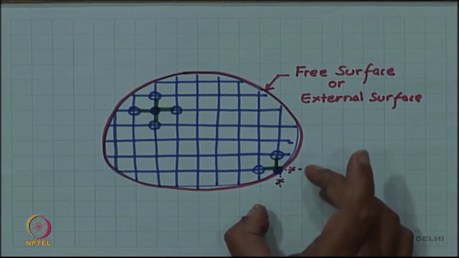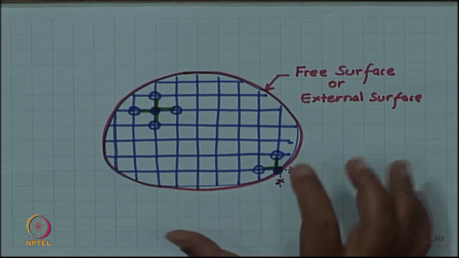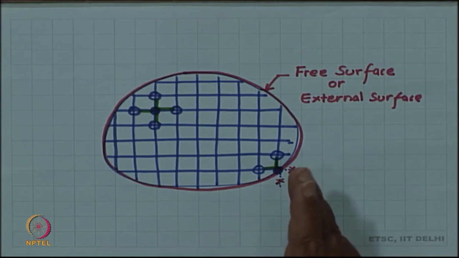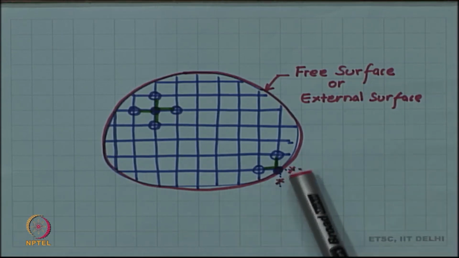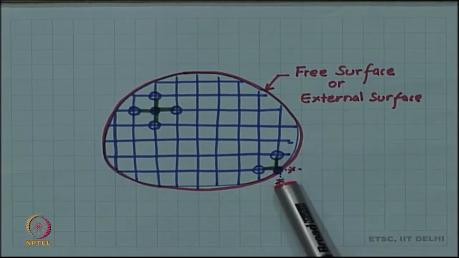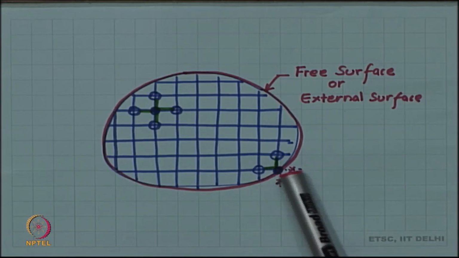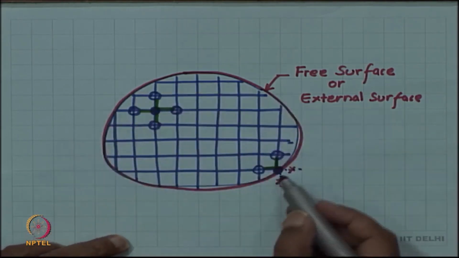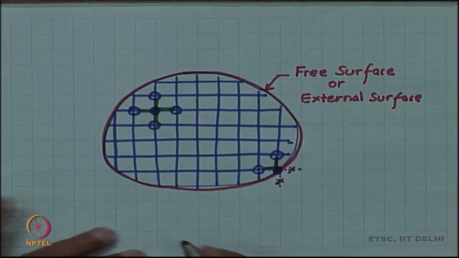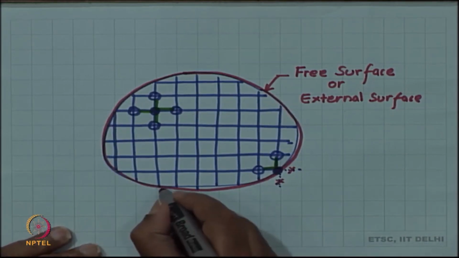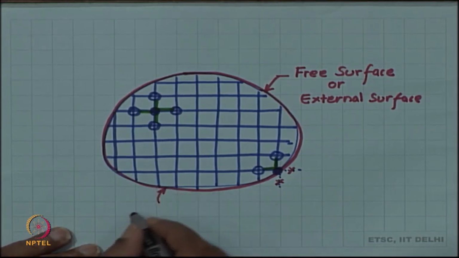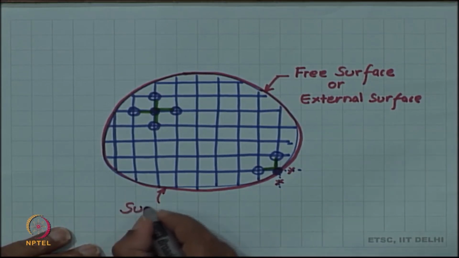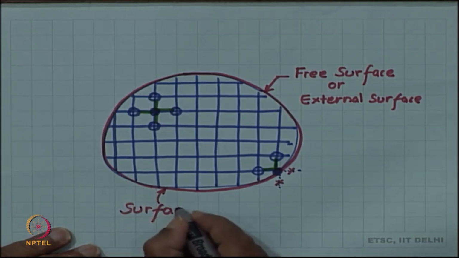And you can think of that breaking of bonds requires energy. So, because of the breaking of these bonds, extra energy is provided to the crystal, and that energy resides in this surface atom. Integrated over this entire surface, the higher energy of the surface atom is what is called the surface energy of the crystal, or the surface energy of the surface.